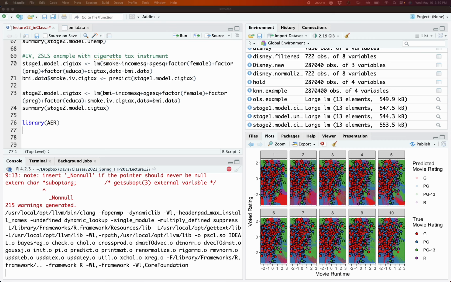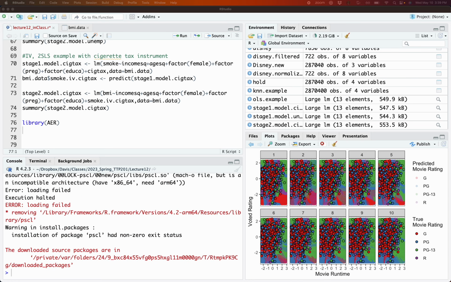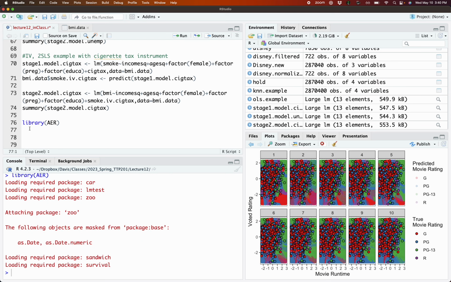The AER package stands for Applied Econometrics with R. Oh, okay. I always thought it was named after the American Economic Review, but okay, that makes more sense. Oh, I had an error. Hopefully this works. Okay, that's fine.